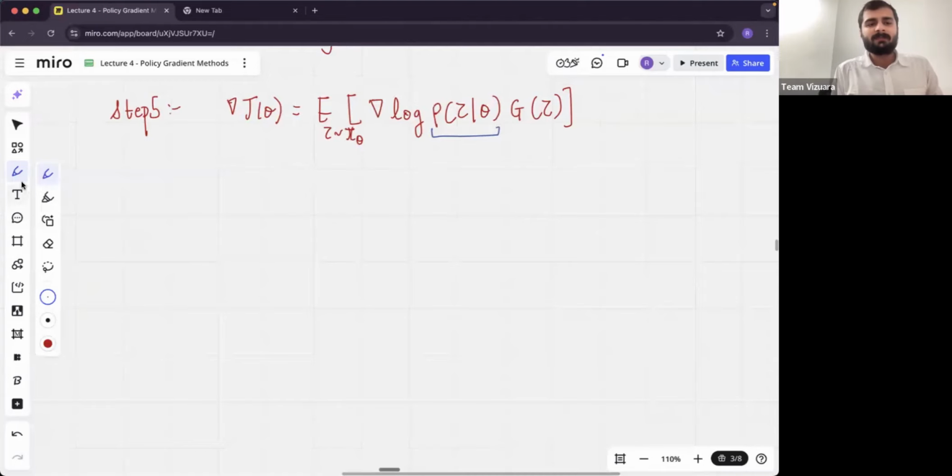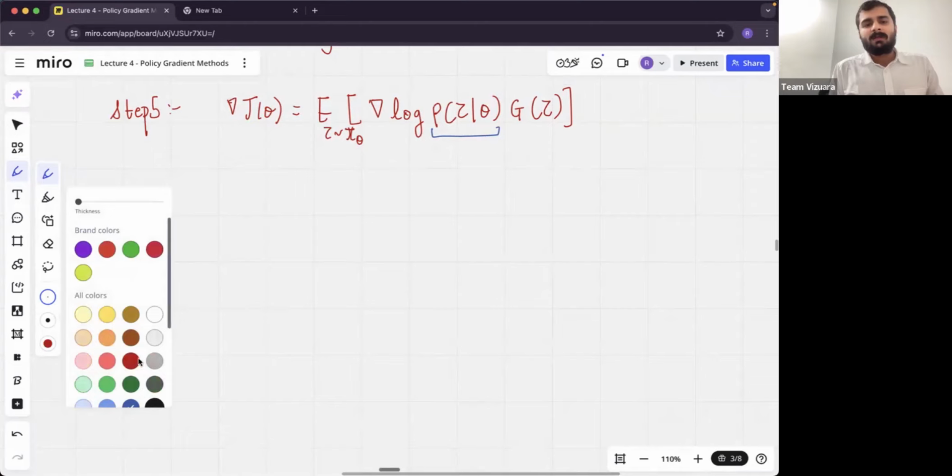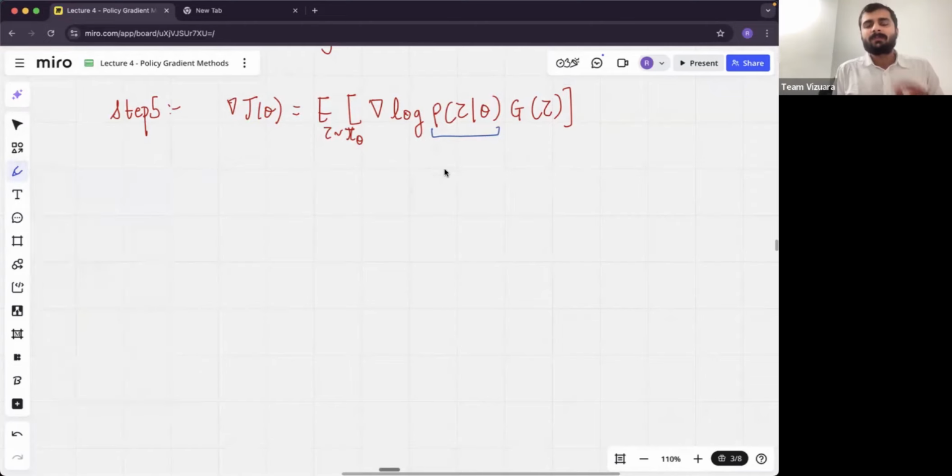Probability of tau given theta. Remember, tau is the original trajectory.